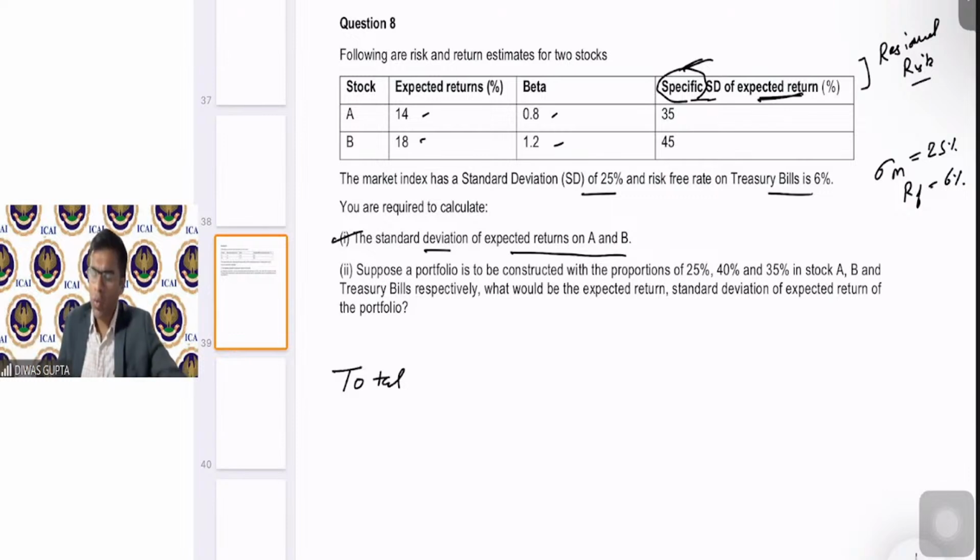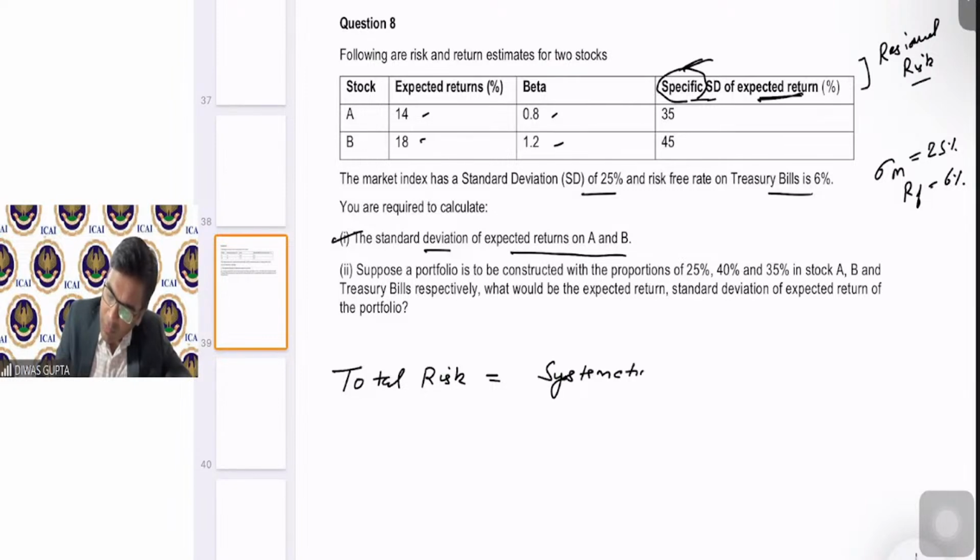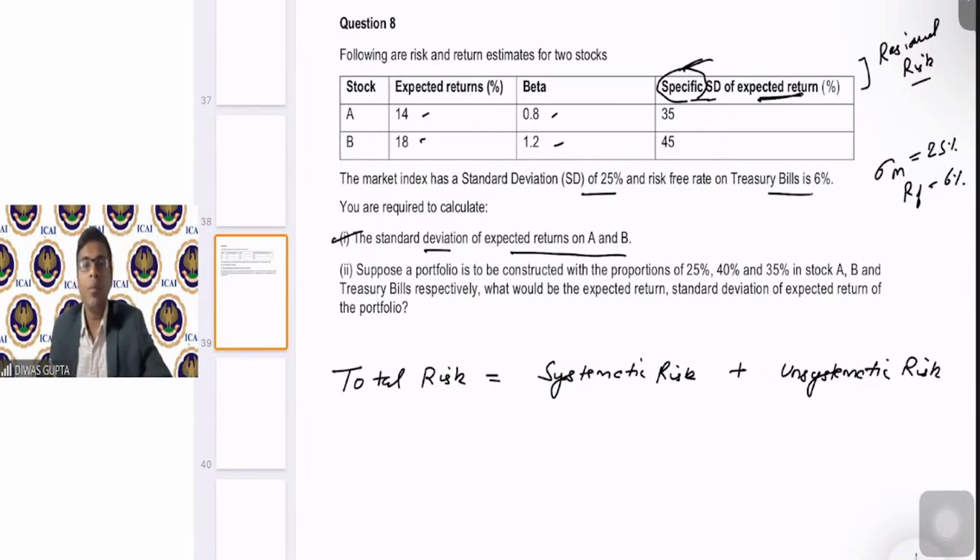So we know that total risk is equal to systematic risk plus unsystematic risk. Correct, students? So this was given under Sharpe's index model or single index model, whichever you can say.